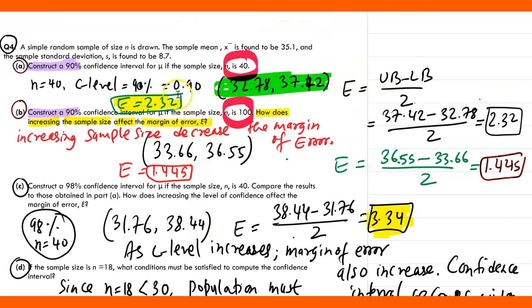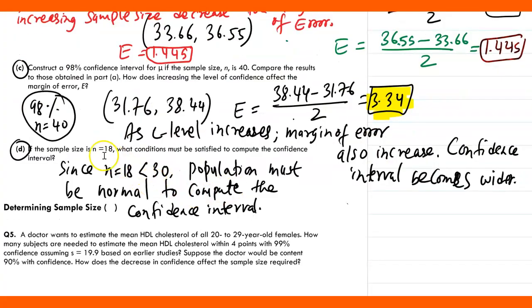Remember that in the previous case the sample size was 40, greater than 30, so you don't have to have a normal population. If the sample size is 18, less than 30, the population must be normal to construct the confidence interval. Therefore, if the sample size is less than 30, the population must be normal to compute the confidence interval.